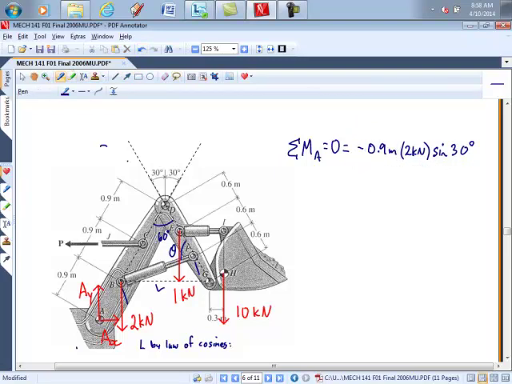And then we get to P, which is going to be a positive moment. So plus 1.8 meters times P times sine 60.